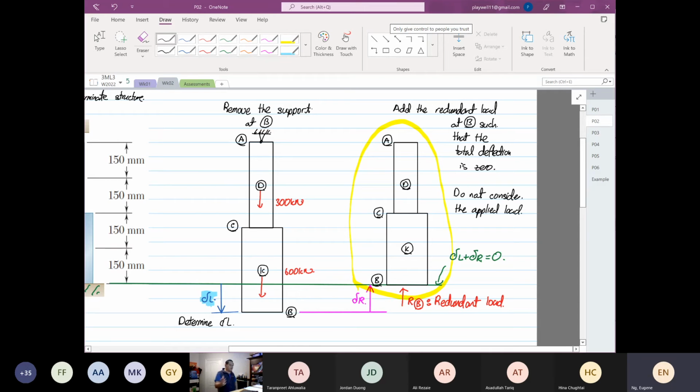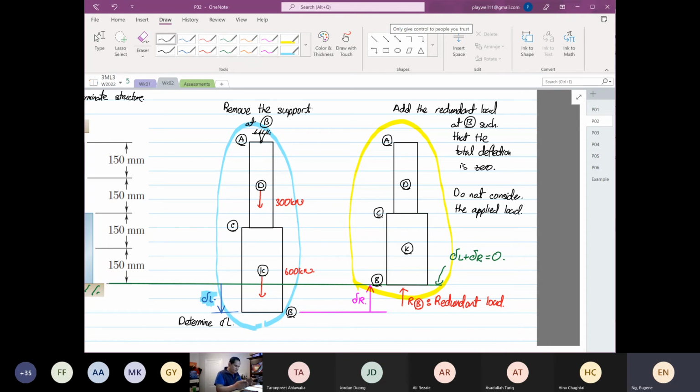Because on the left hand side, the one I circled in blue now, we already considered the applied load. The one I highlighted in yellow, you just need to consider the redundant load. Okay, so just to forward how our steps look like.